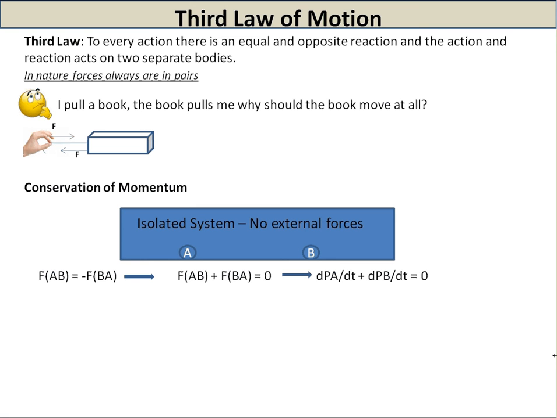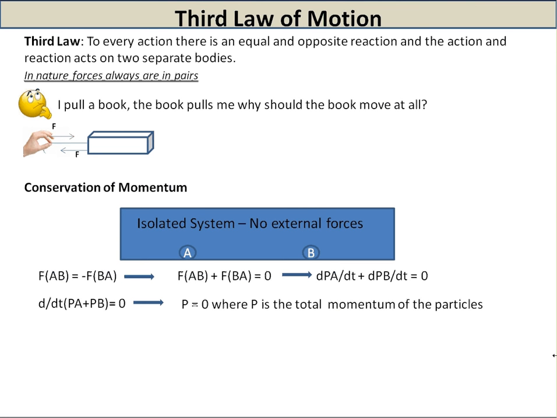If we assume Pa and Pb are the momenta of the two particles A and B, we come across this. In other words, the total rate of change of momentum is equal to 0. When I say the rate of change of momentum is 0, that means the momentum is not changing with respect to time. That is, the total momentum p, which is the sum of the individual momenta of the two particles, is constant.